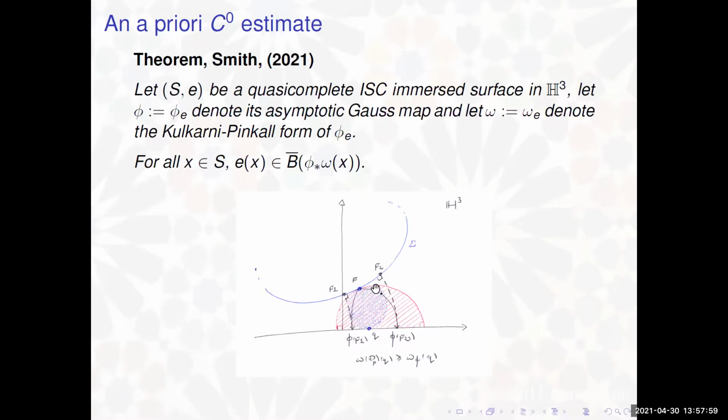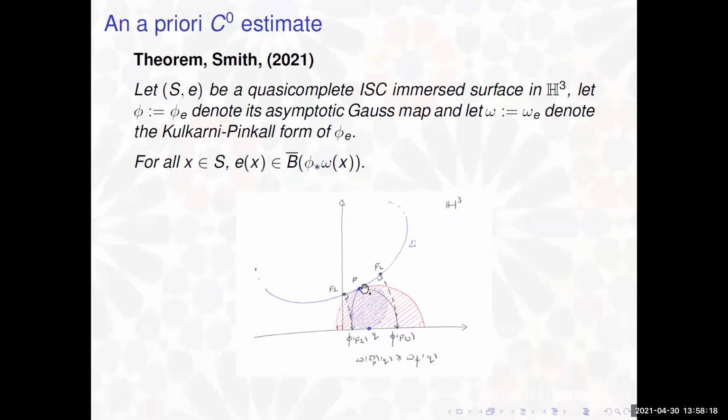And I look at the horosphere whose asymptotic center is the image of P under the asymptotic Gauss map, and which is tangent to the totally geodesic plane and to sigma at the point P.